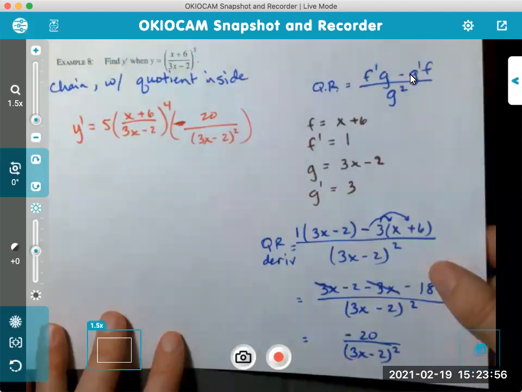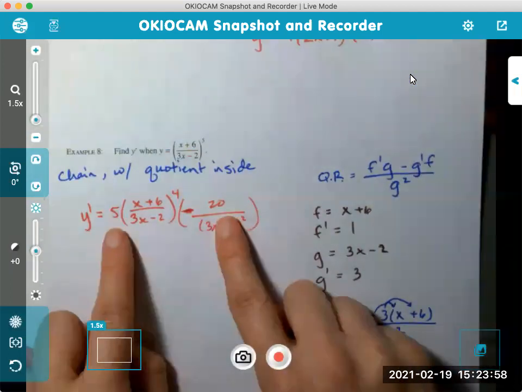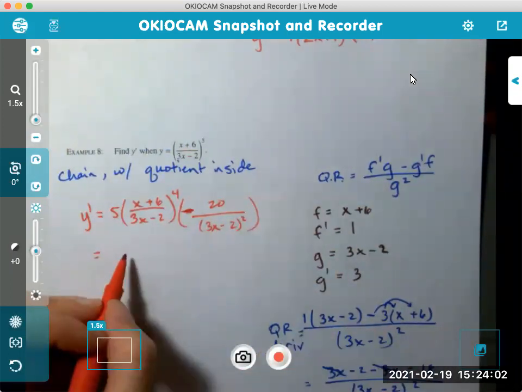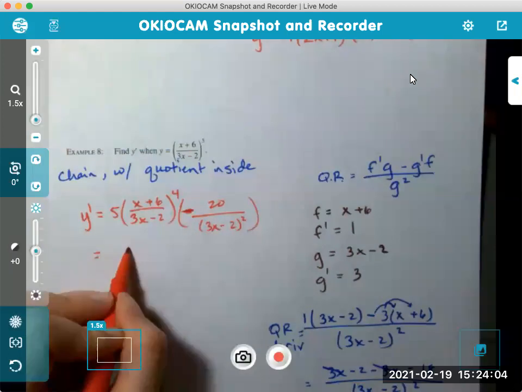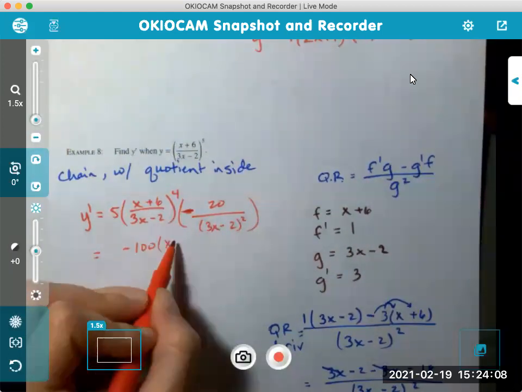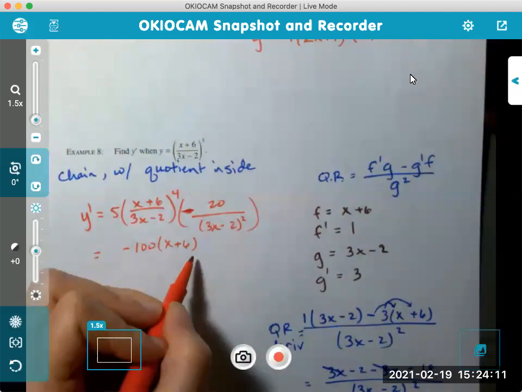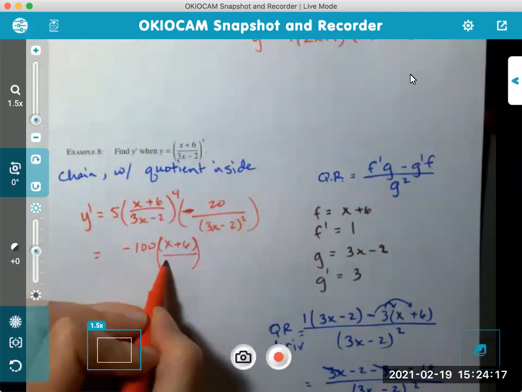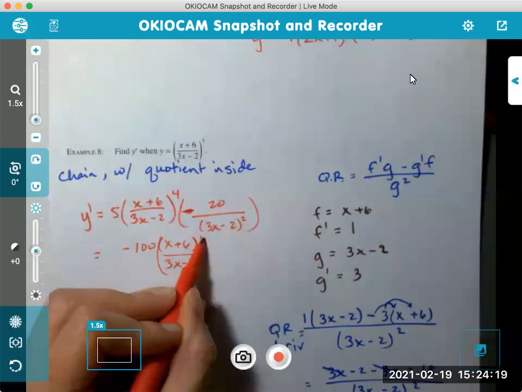There you go. If you wanted to, you could say 5 times negative 20, so this is now negative 100 times ((x plus 6) over (3x minus 2)) to the 4th, all over this.